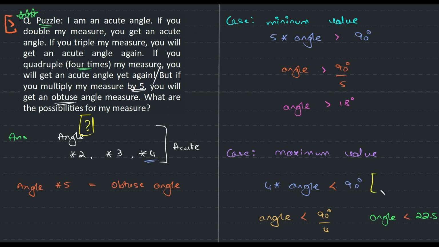So as we are looking at acute angle, and this is obtuse angle, is it not? So it has to be more than 90 degree. So basically any angle between 18 degree and 22.5 degree will suit our agenda.